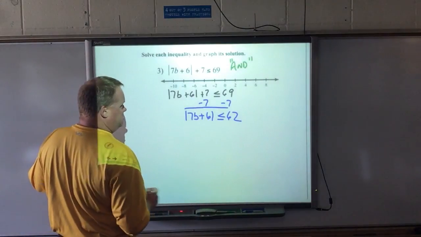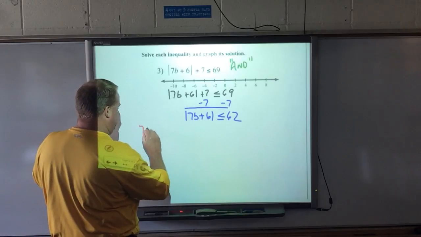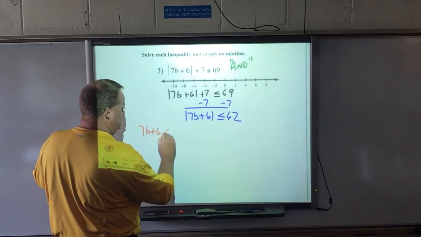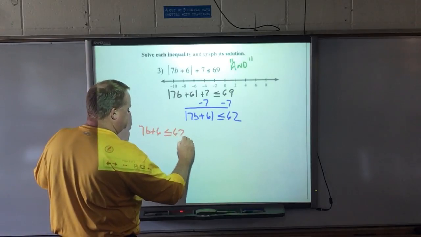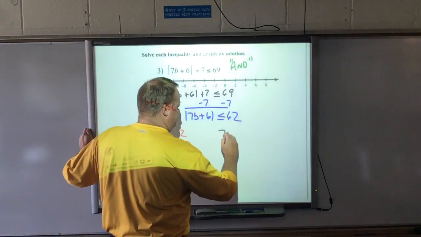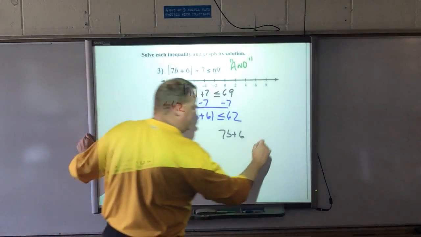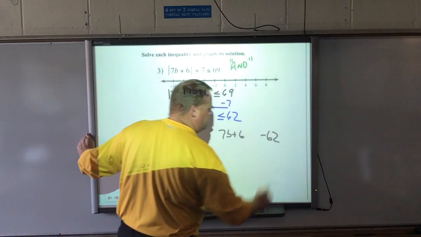I've got 7b plus 6 is less than or equal to 62. I also have 7b plus 6 needing to be negative 62, just like we do with the equal sign.